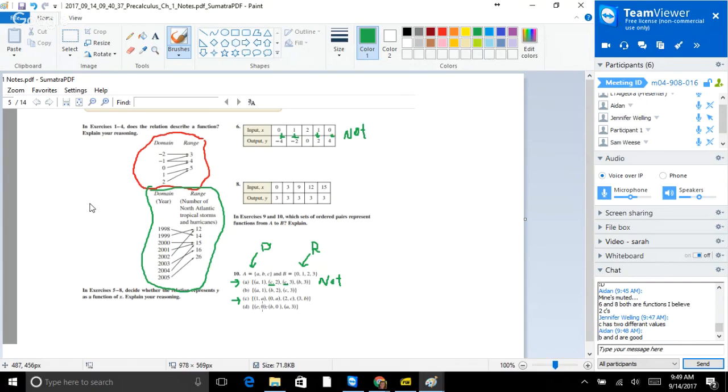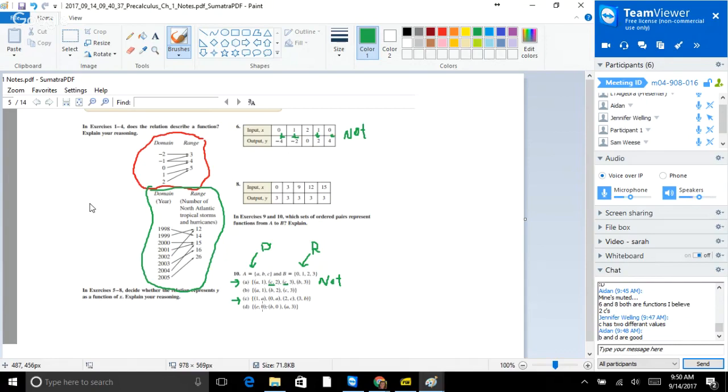Yeah, we switched the input and output, right? You know what? I don't even know if they specify that, now that I look at it. What they did is they switched the input and the output. They're making a relationship between A and B, but I just assumed that A was the input and B was the output, and they actually did not specify that. I just assumed it based off of their previous problems.